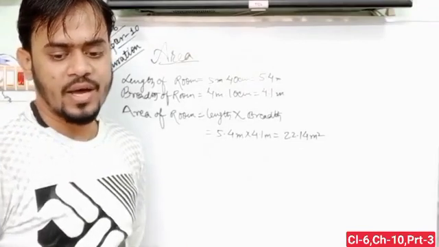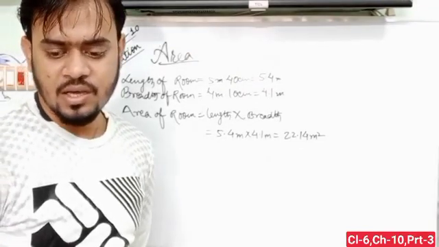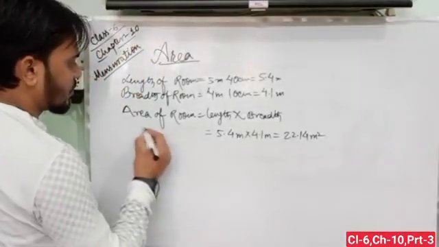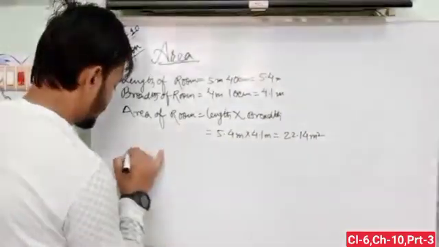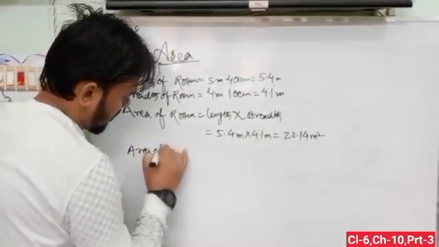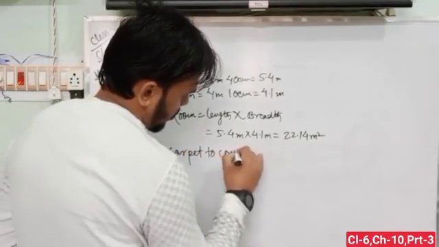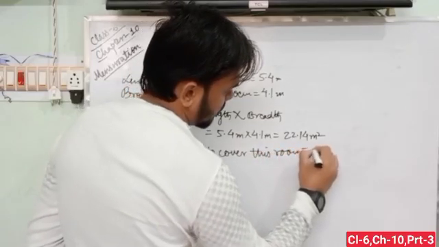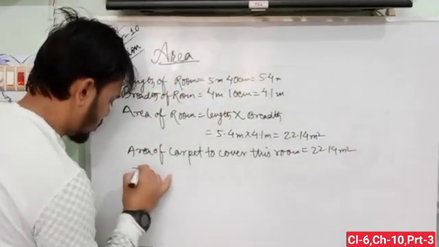This is the area of the room and we have to cover this room with a carpet. Then what will be the cost of the carpet if 1 square meter of carpet costs rupees 325? The area of room is the same as the area of carpet. So the area of carpet to cover this room is also 22.14 meter square.